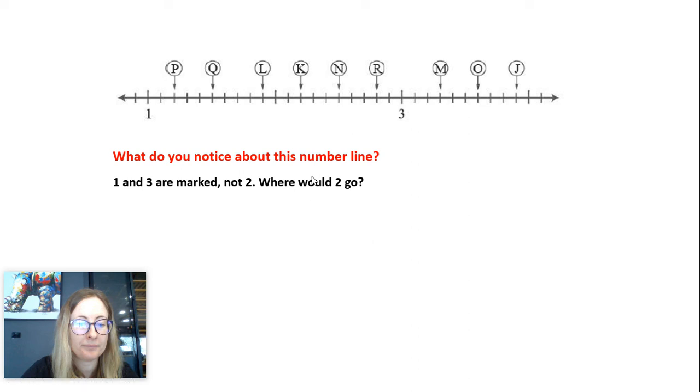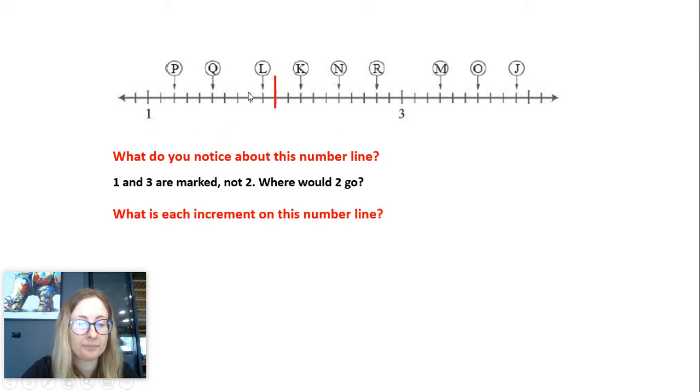So where would 2 go? Where do you think 2 would be marked on this number line? Have a think. If you're thinking it will be halfway between 1 and 3, you'd be correct. And if you've counted, you'd notice there are 20 increments between 1 and 3, which means halfway is going to be 10 increments. So halfway is where that red line is, and that will be 2 on your number line.